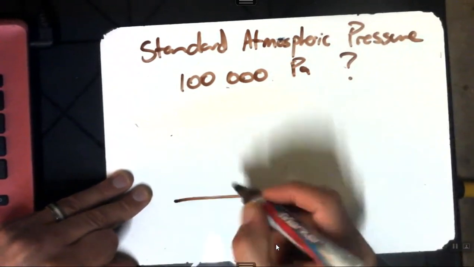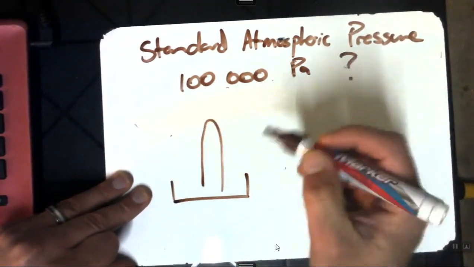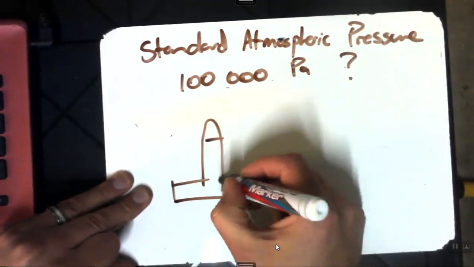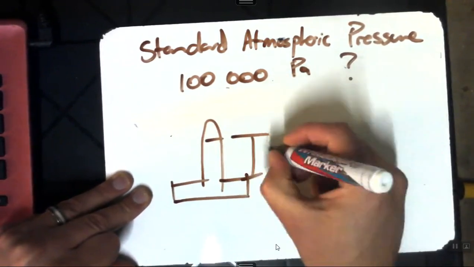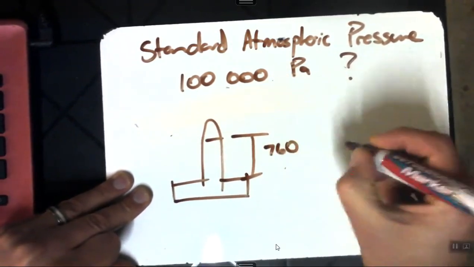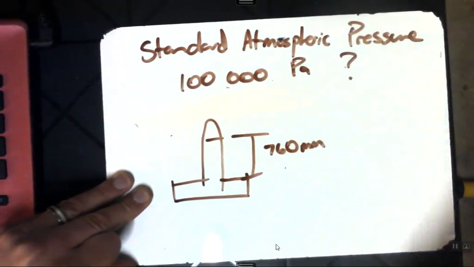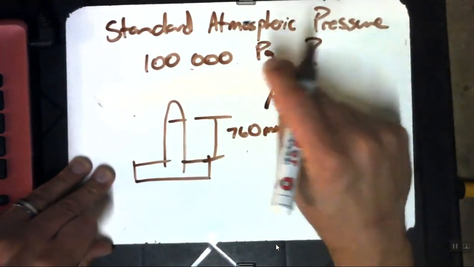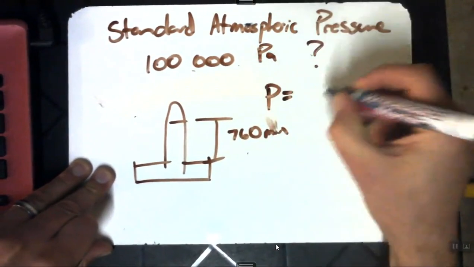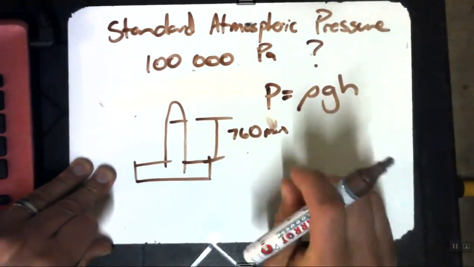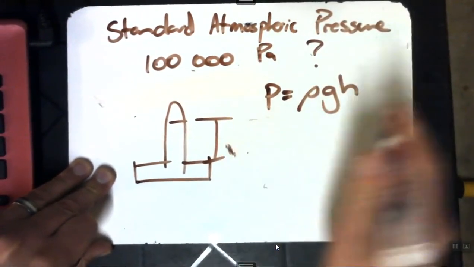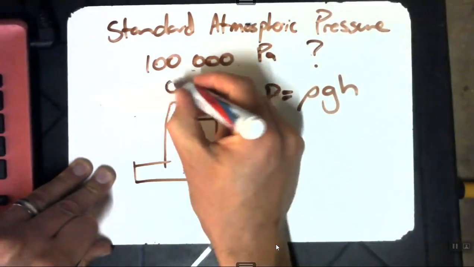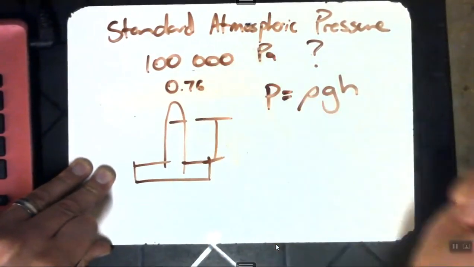If we look at our Mercury Barometer, we've said that that level is 76 centimeters or 760 millimeters of mercury, and we know that pressure is density times gravity times height. So if we use the height there, 76 centimeters, that is 0.76 meters.